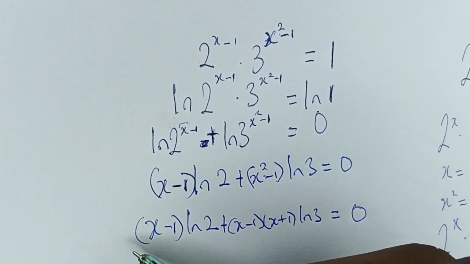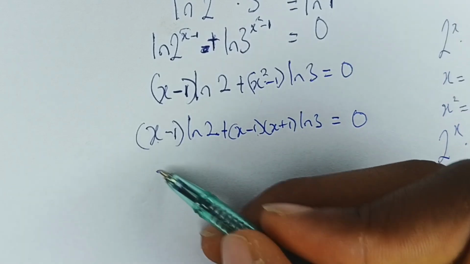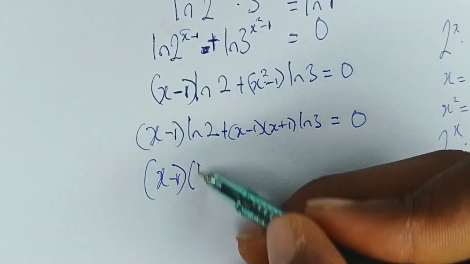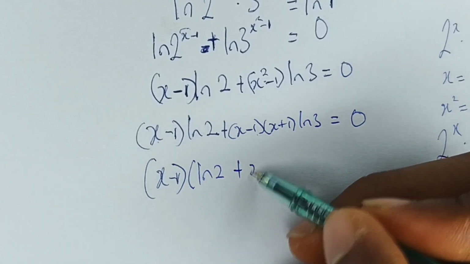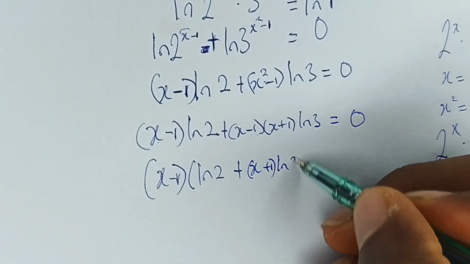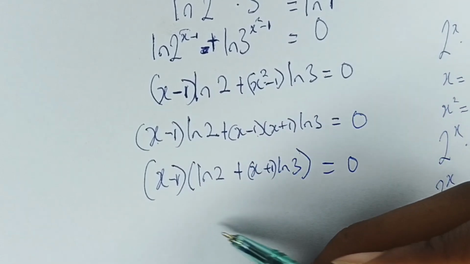Now we can factorize x minus 1, so that we have x minus 1 into ln of 2 plus x plus 1 into ln of 3 is equal to 0.